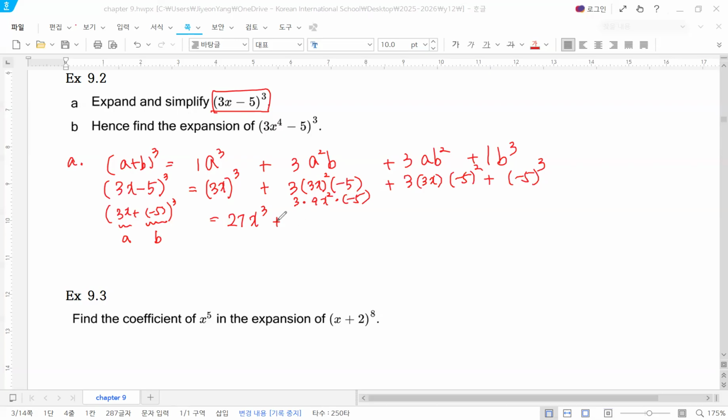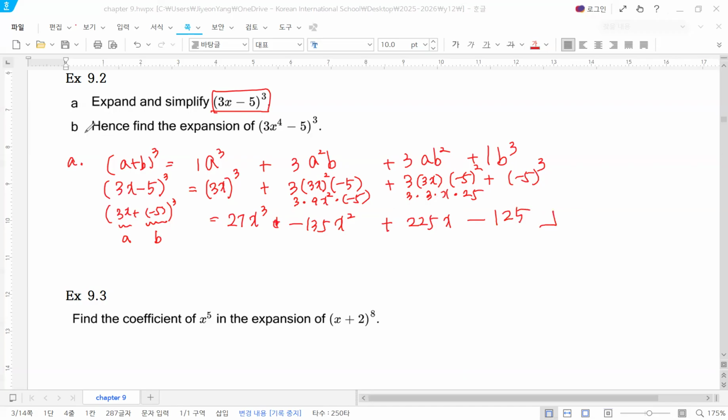Negative 135 x squared plus, and then 3 times x times, what is negative 5 squared, guys? 25. Please use your calculator. So it's going to be 225x and then minus 125 is the answer of this question.